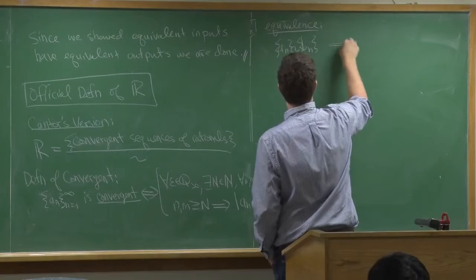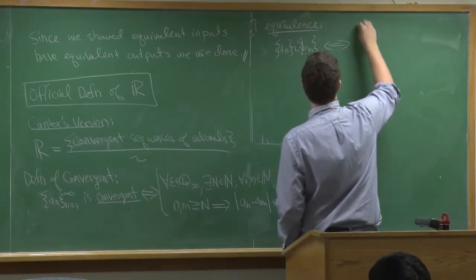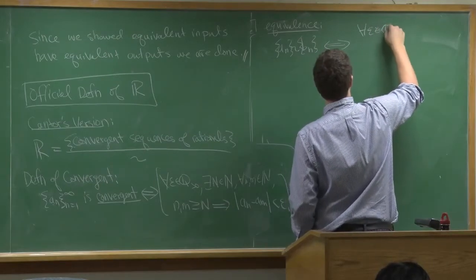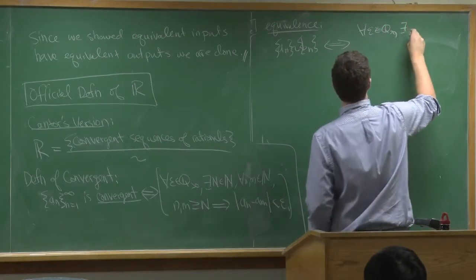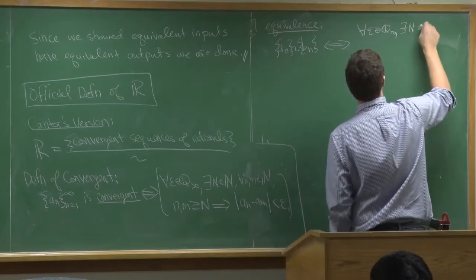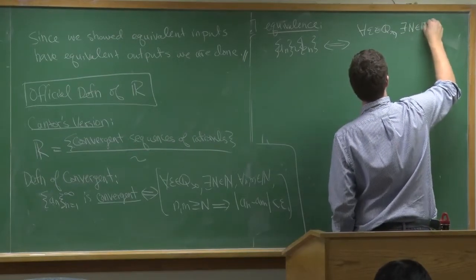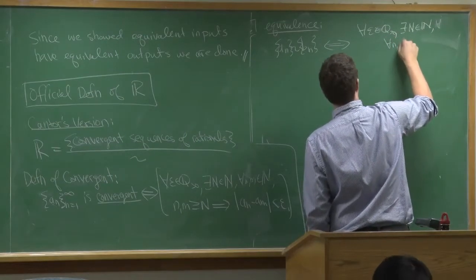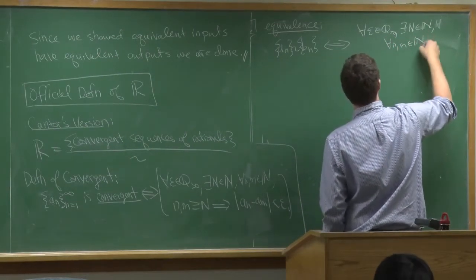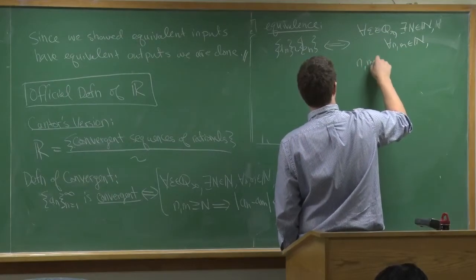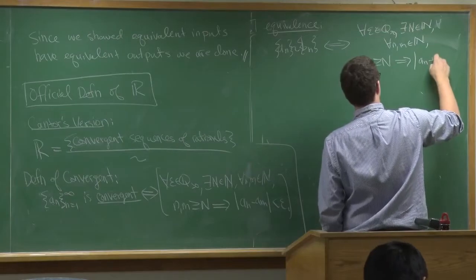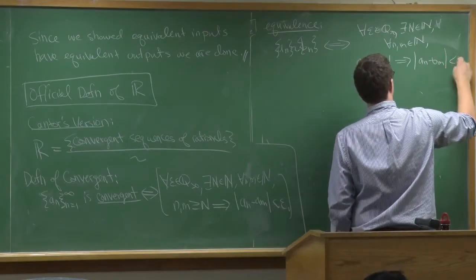This is true if and only if for all epsilon in the rationals greater than 0, there exists a natural number N such that for all n and m in the natural numbers, if n and m are greater than or equal to N, this implies that a_n minus b_m is less than epsilon.